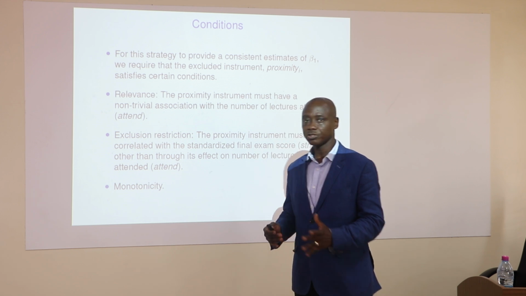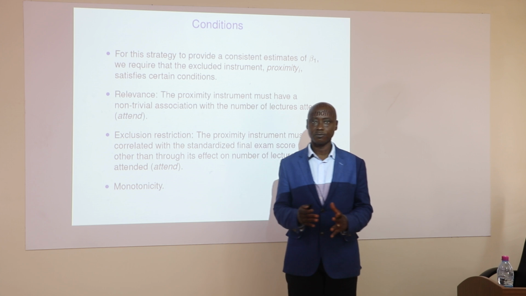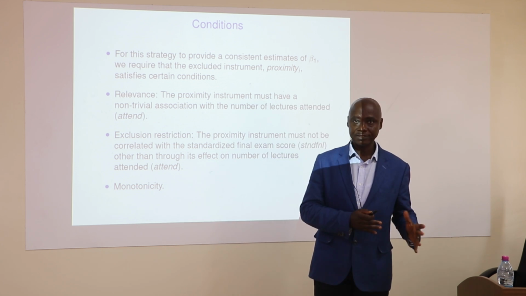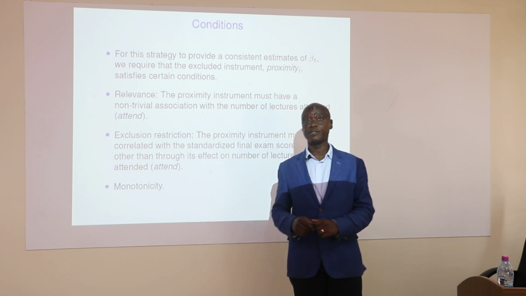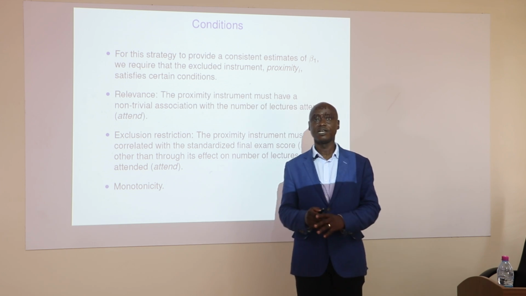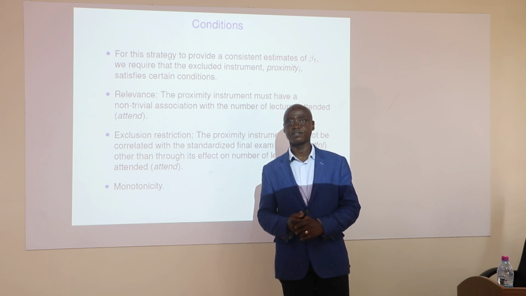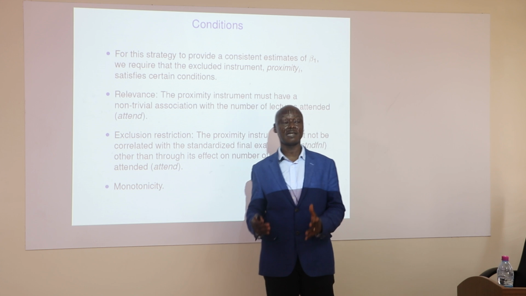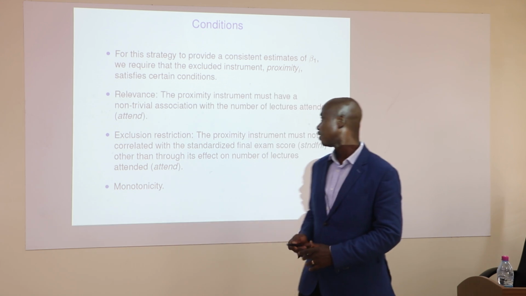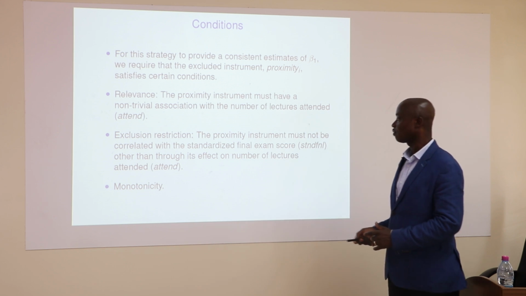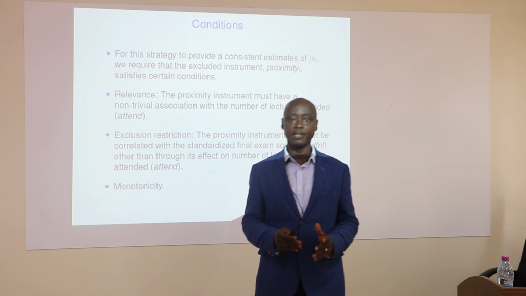And for the exclusion restriction, we expect that the proximity instrument must not correlate with the error term in the exam score equation, and it can only affect our dependent variable, the standardized score, through its effect on attendance. And monotonicity, we expect our instrument to be equally assigned.